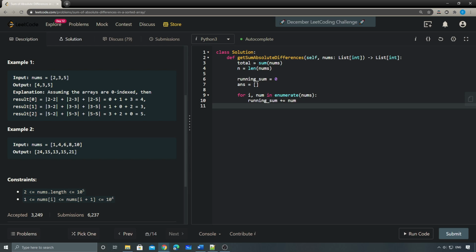Now the answer. We do answer dot append, and we can write those formulas inside this append method. The first thing is num times (i plus 1), minus the running sum.